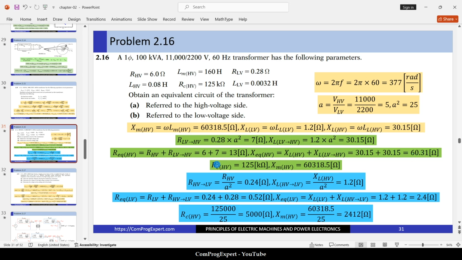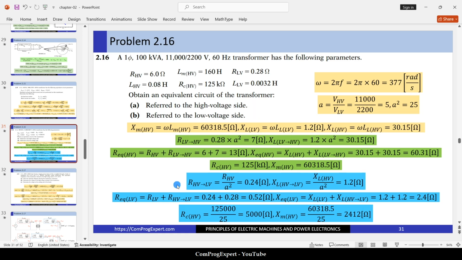And we have the value of the R core for the high voltage side, and the value of the magnetizing reactance for the high voltage side. Yes, these two numbers. So here in these three boxes, we calculated all parameters needed for the model of the transformer referred to the high voltage side.